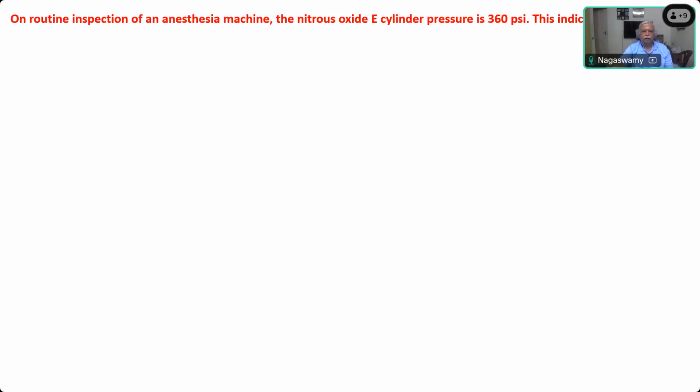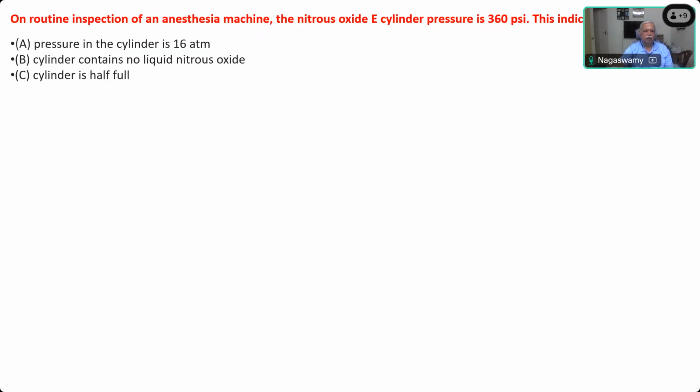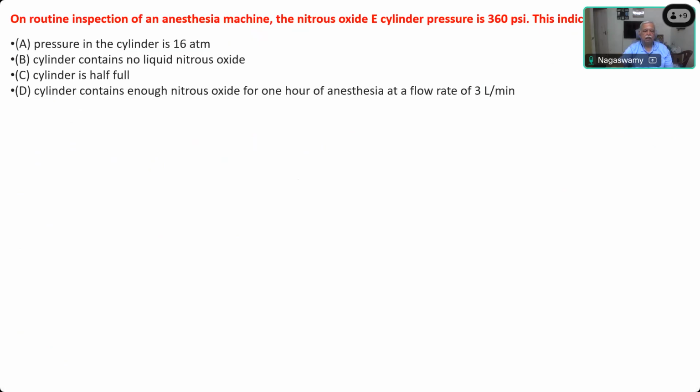On routine inspection of an anesthesia machine, the nitrous oxide E cylinder pressure is 360 psi. This indicates that pressure in the cylinder is 16 atmosphere. Cylinder contains no liquid nitrous oxide. Cylinder is half full. Cylinder contains enough nitrous oxide for 1 hour of anesthesia at a flow rate of 3 liters.